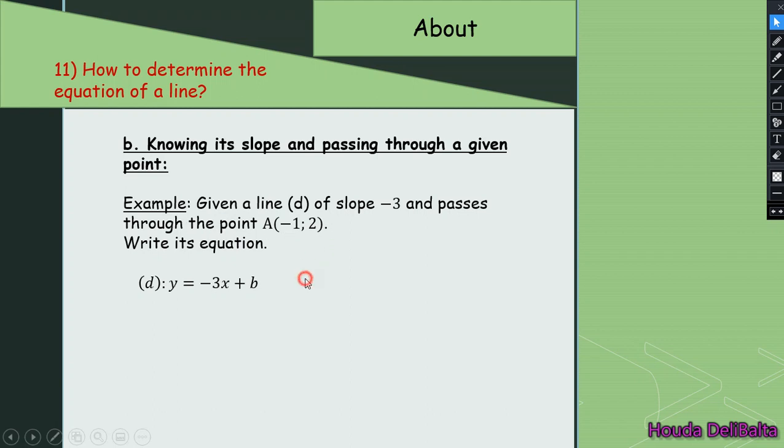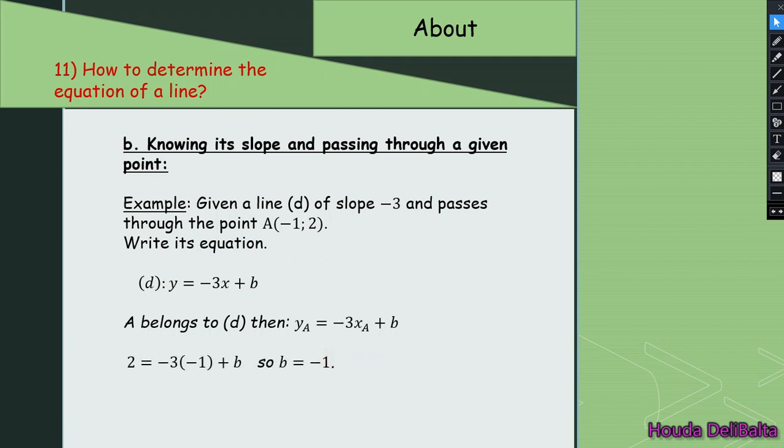So I'm going to use the help of this information. A belongs to the line means I can evaluate the coordinates of A, which satisfy the equation. ya equals -3xa plus b. Now I have ya, which is 2, and I have xa, which is -1, so all that is missing is only b. Then evaluating the coordinates of A, I will get 2 equals -3 times -1 plus b.